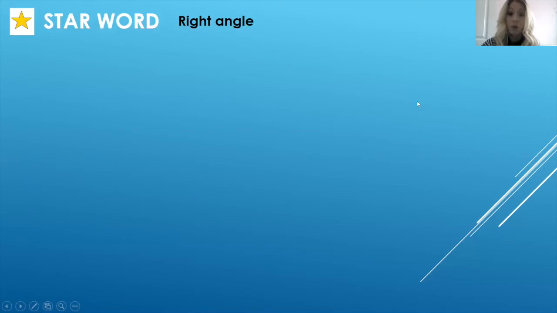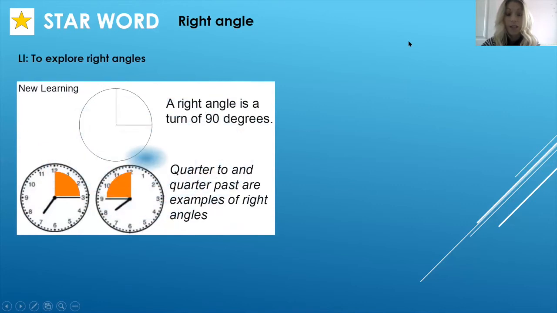Now we're going to move on to right angles. Can you remember what a right angle is? Let's explore what they are. Have a look at this shape here. Now we know it's a circle, and this angle here is 90 degrees. This here is a right angle.